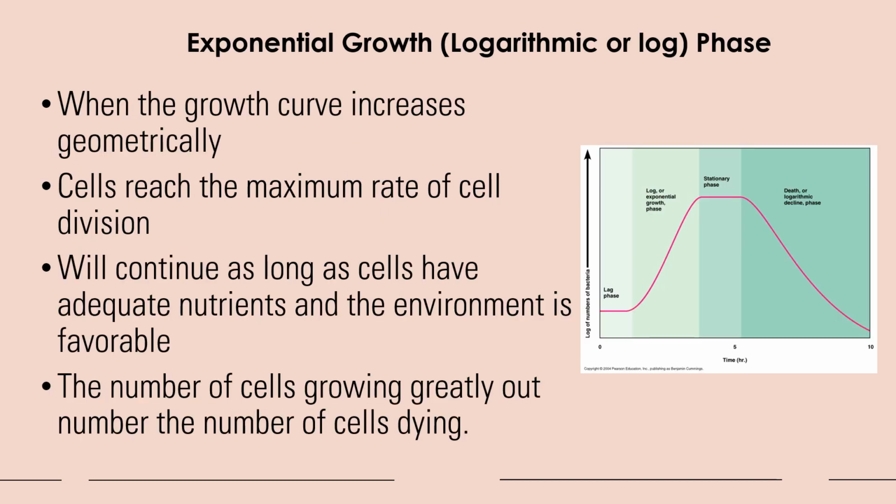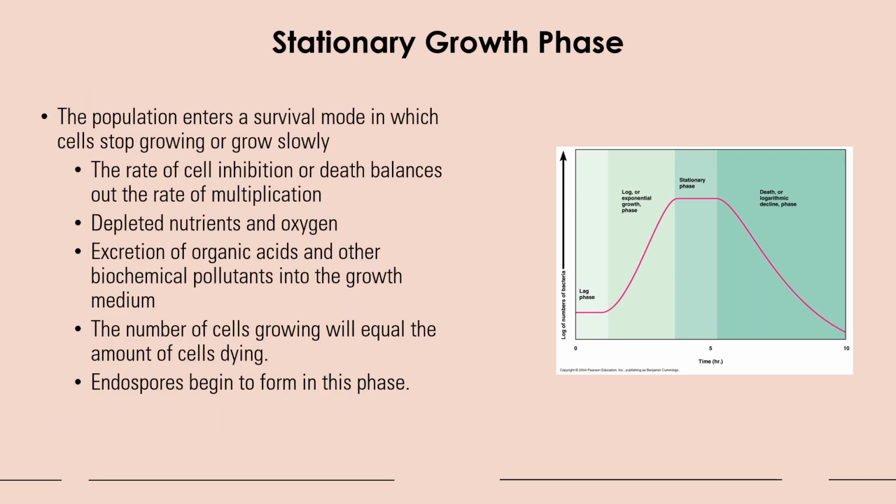Exponential growth phase, or logarithmic or log phase. When the growth curve increases geometrically, cells reach the maximum rate of cell division. Will continue as long as cells have adequate nutrients and the environment is favorable. The number of cells growing greatly outnumber the number of cells dying. Stationary growth phase.